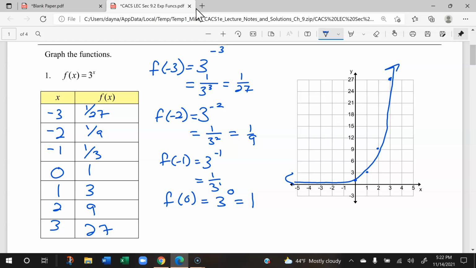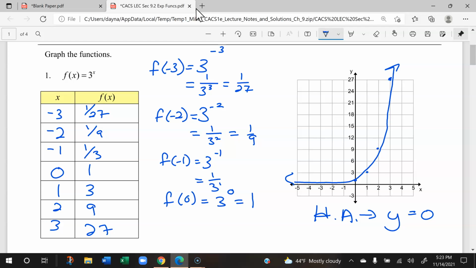Now you'll notice that it's not going to come below here. Any exponential function is going to have a horizontal asymptote. We start with those horizontal asymptotes being at y is equal to 0, because we can't go negative.